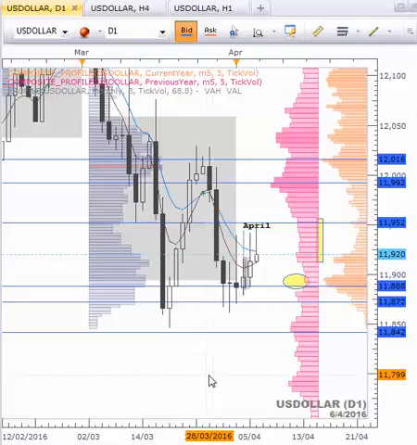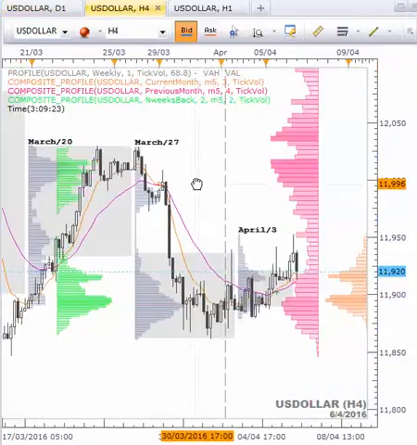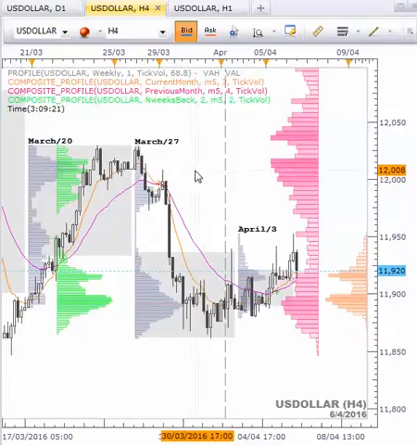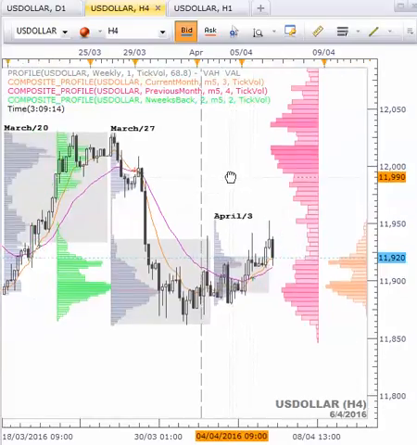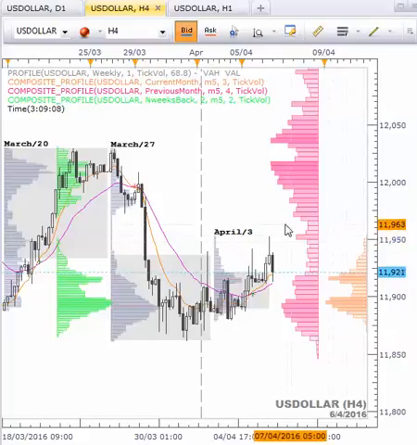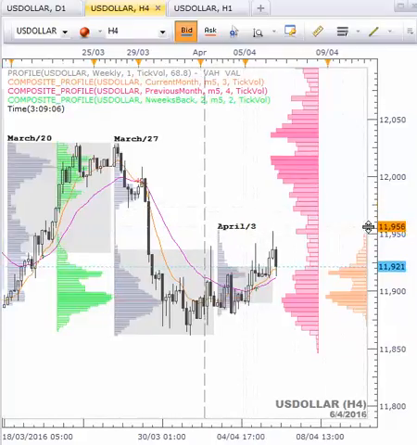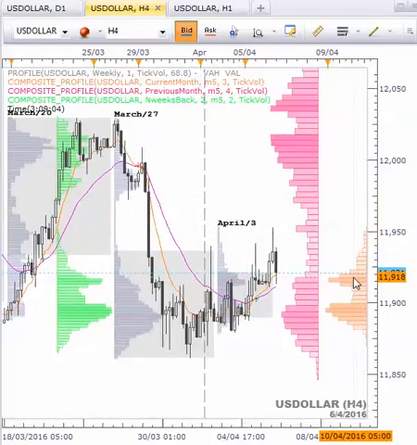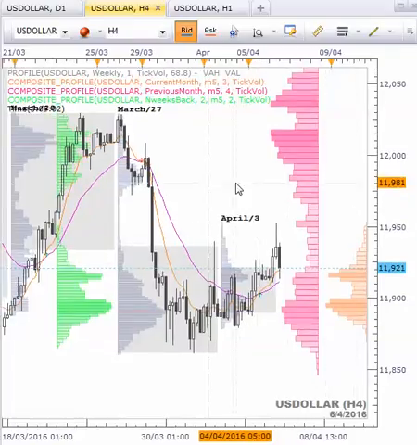Now, what's the direction for today? If I come over here to the 4-hour chart, I've got the previous month's volume profile and then the current month's developing volume profile, and we're only the first week into April, so much of the profile has not been developed.